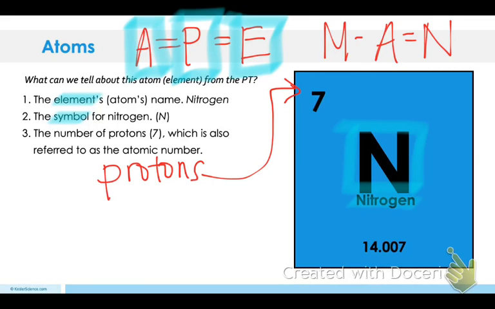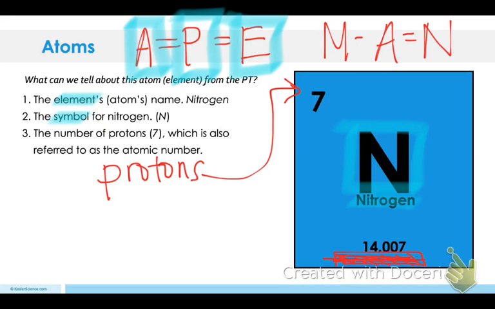Okay, our mass is going to be this 14 right here. So when you see the 14, if you can come up with a way to remember that 14 is going to be the mass, that'd be great.